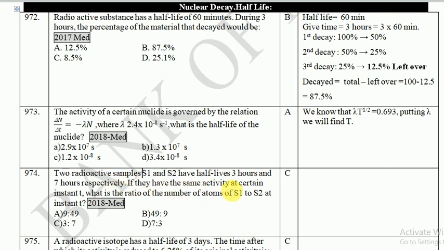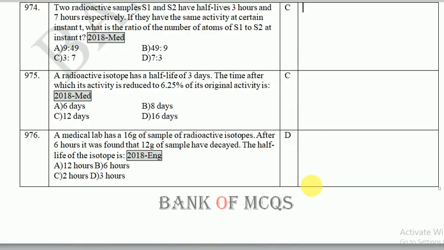If they have the same activity at a certain instant t, what is the ratio of the number of atoms of S1 and S2? Let's skip it. We will do it in the next tutorial.